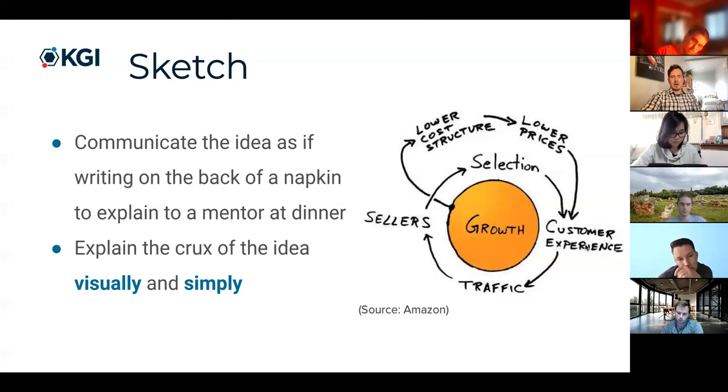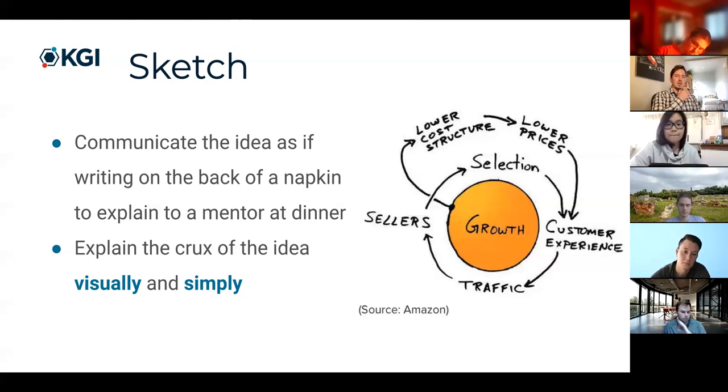And that leads to a better customer experience, which leads to more traffic, which gets more people who want to sell their products onto your platform, which increases selection, which then improves the customer experience even more. And so all of these feed into each other, and they call it a flywheel, where it keeps moving and each aspect of that wheel feeds upon the next. And so this was his original idea that led to the biggest company in the world.